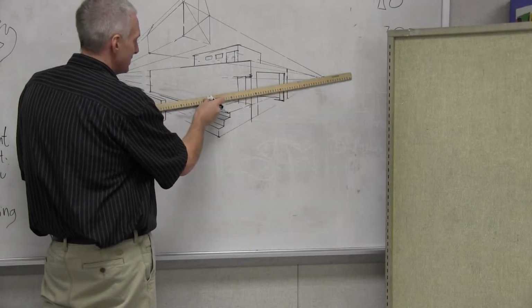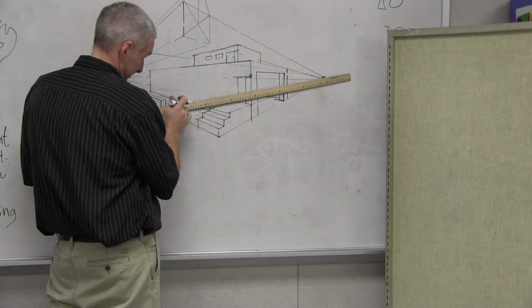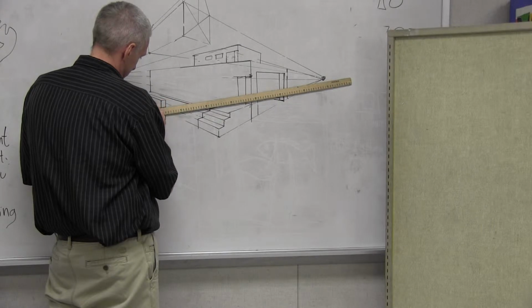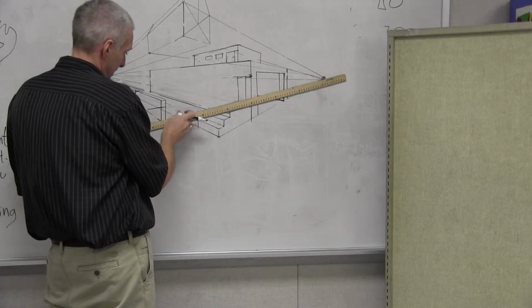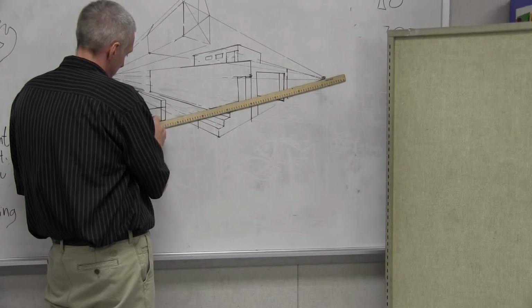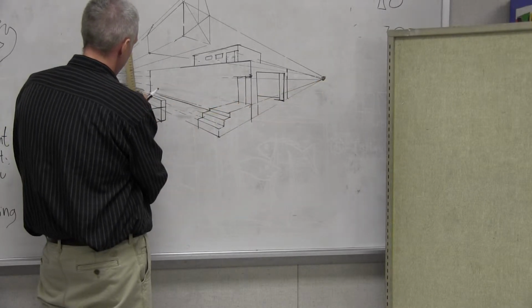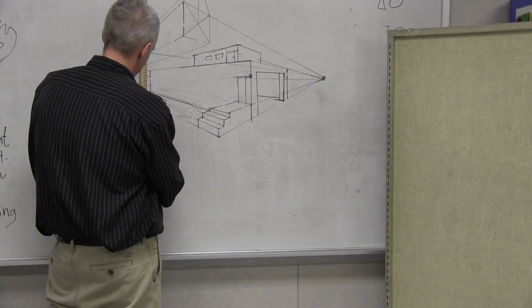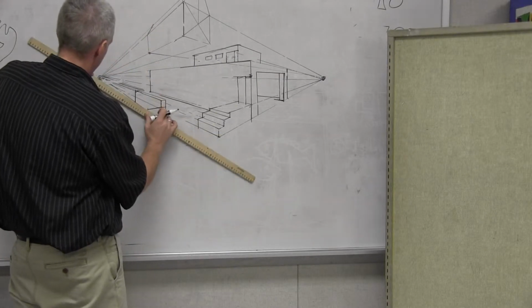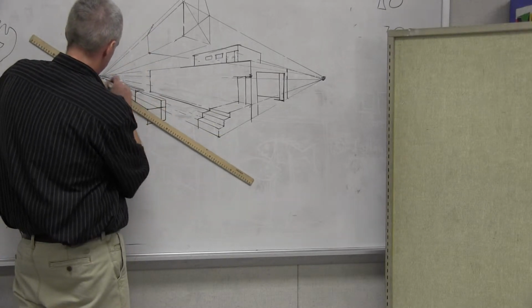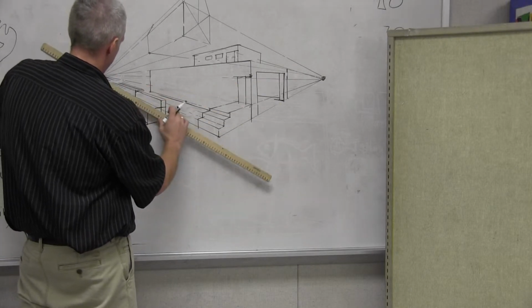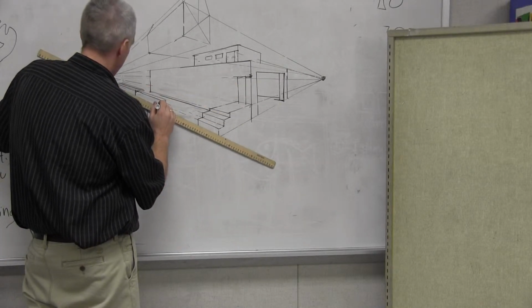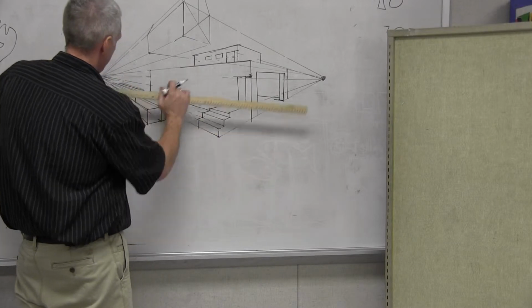Why don't I go ahead and add the seat part? Vertical. There. There. And there.